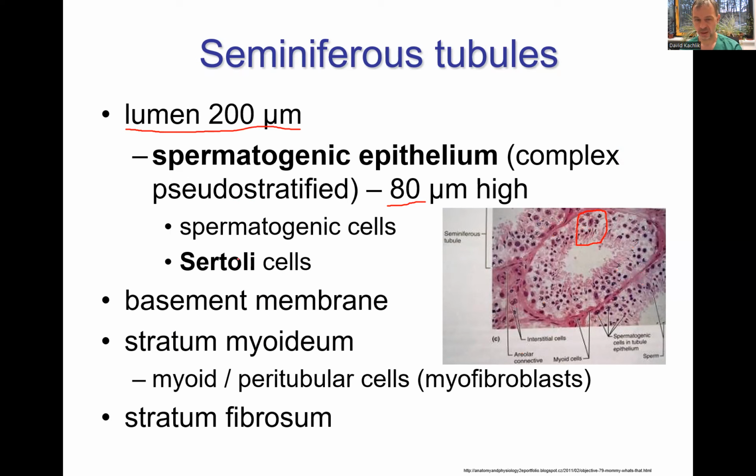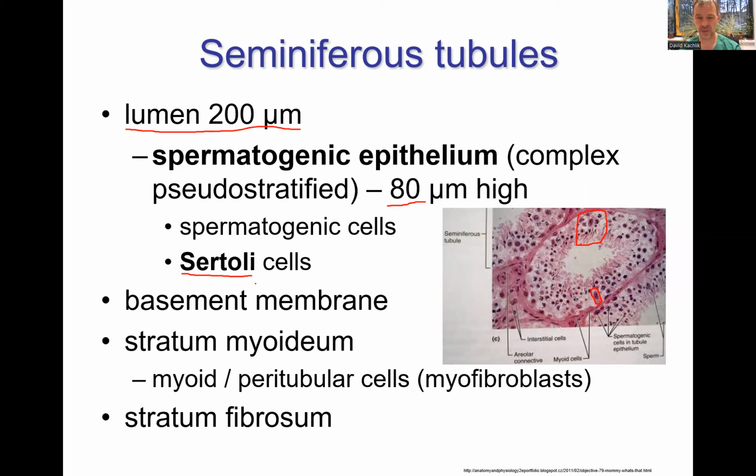The main cells are so-called Sertoli cells. You cannot see the borders, but you definitely can see the beautiful nuclei of these cells, which are the scaffold and nursing cells of all types of developing sperm.